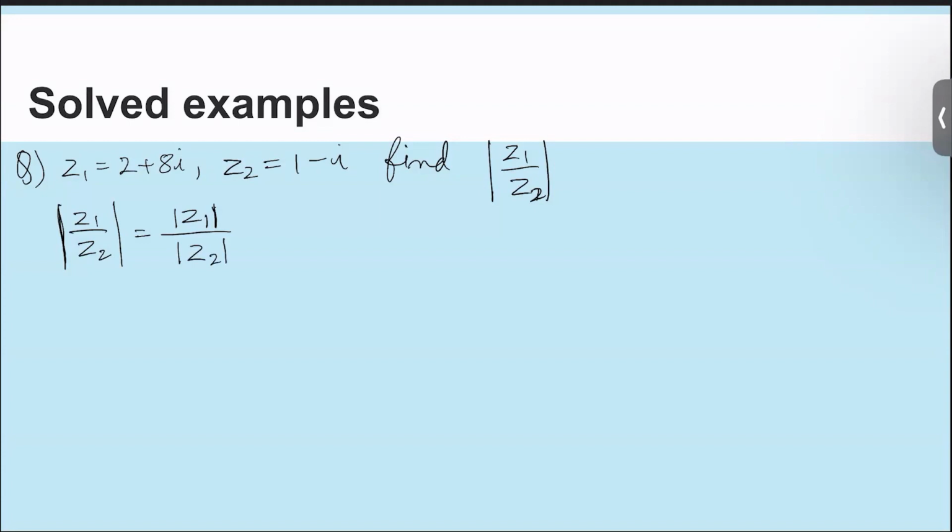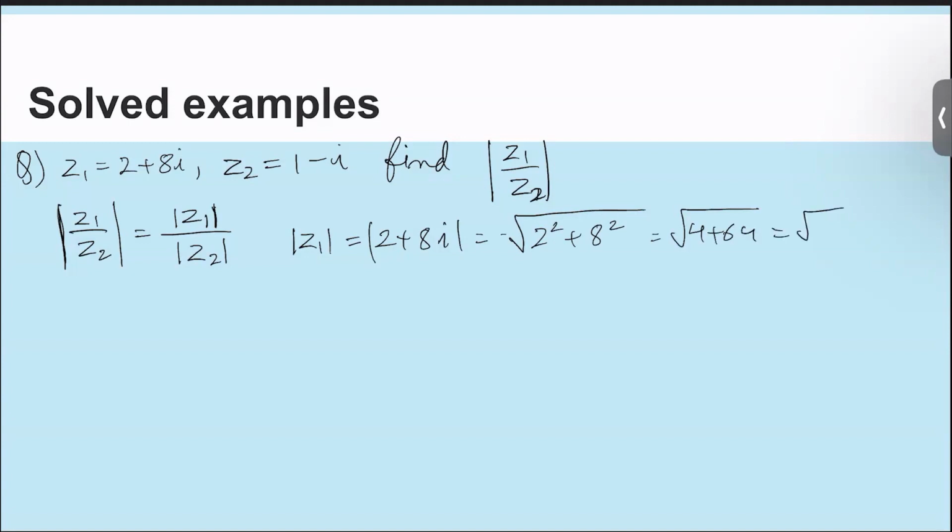Okay, so let us first find the modulus of Z1. So that is 2 plus 8i, and that would be the square root of 2 squared plus 8 squared, that is 4 plus 64, equals root of 68.